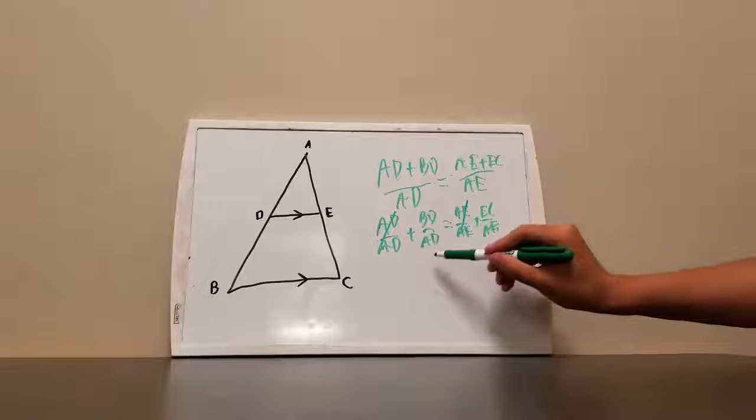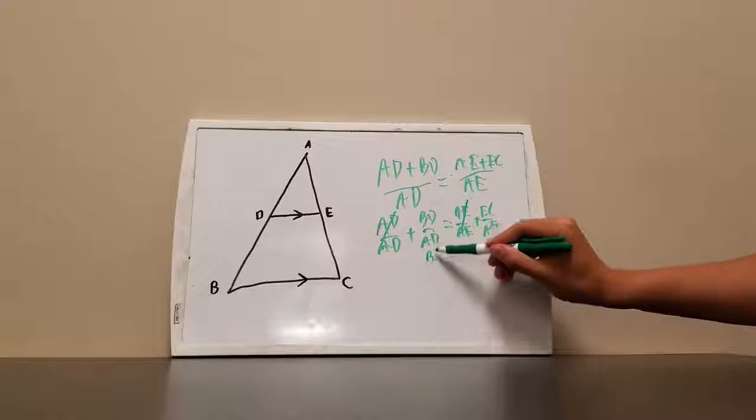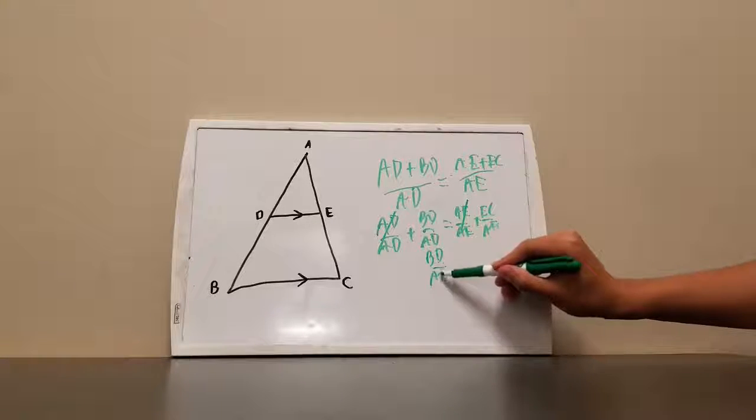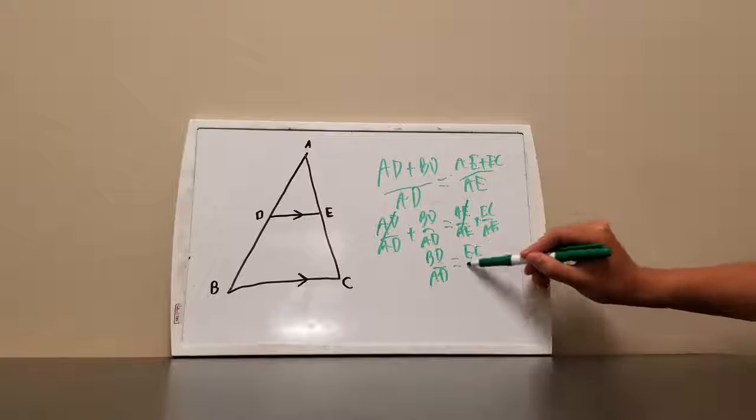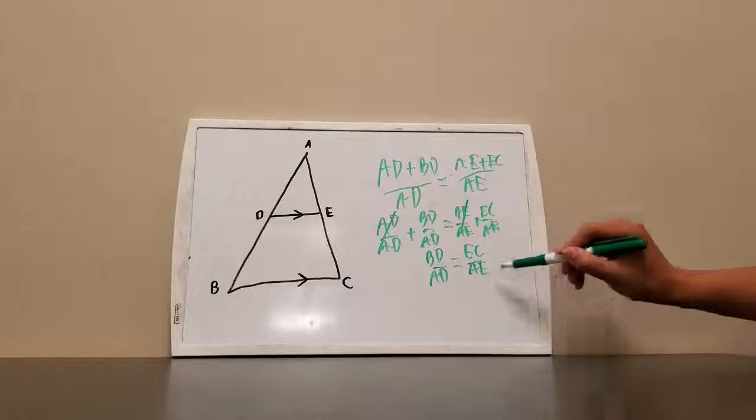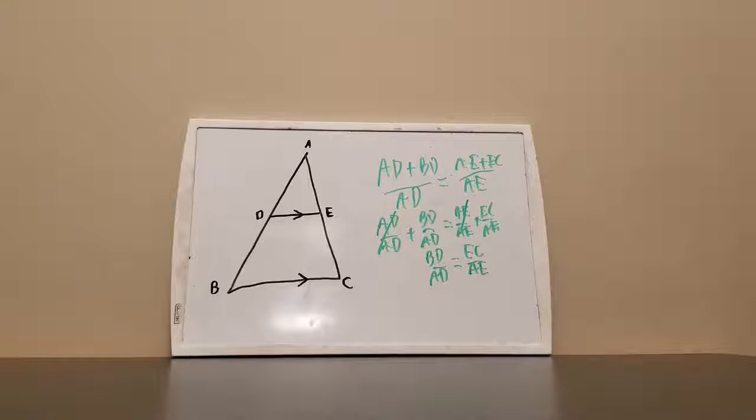So now you have BD over AD and EC over AE. Now if you look again, you have the smaller part over the other smaller part equals the small part over the other smaller part of the other side, and this is called the side splitter theorem.